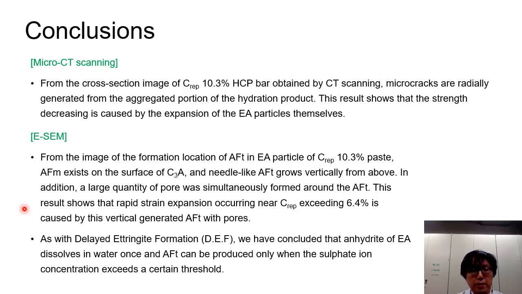This result shows that the rapid strain expansion occurring near replacement ratio exceeding 6.4% is caused by this particle-generated ettringite with pores. And as with delayed ettringite formation, we have concluded that the anhydrate of expansive additive dissolves in water once, and ettringite can be produced only when the sulfate ion concentration exceeds a certain threshold.